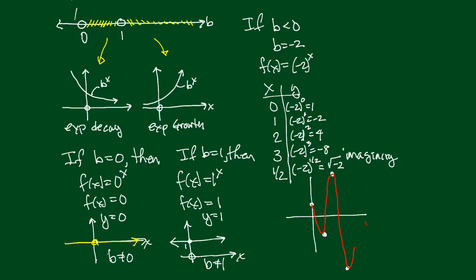Right at that point, as the curve is coming down like this, there's going to be a hole. And not only there, but there is going to be a hole at every even fraction, like 1/4, 1/6, 1/8. So here's a curve that we thought might be continuous with this kind of up and down behavior, but what is it really? It's really full of holes. Very interesting graph. So there are the reasons why we exclude negative numbers, 0 and 1.